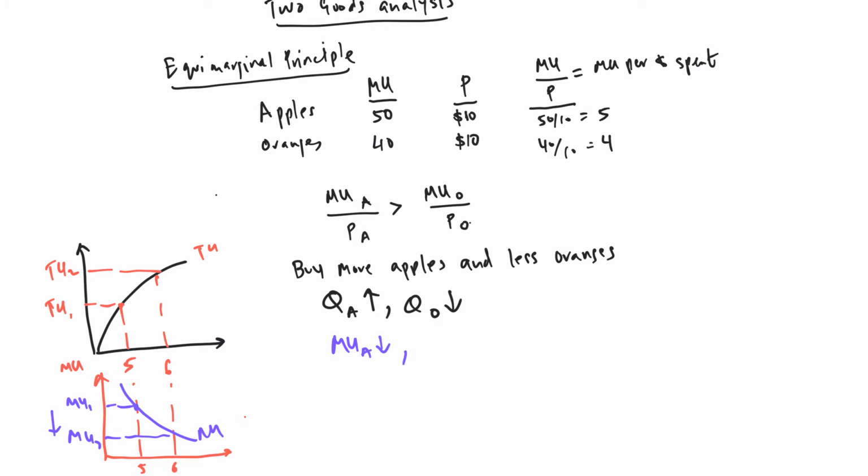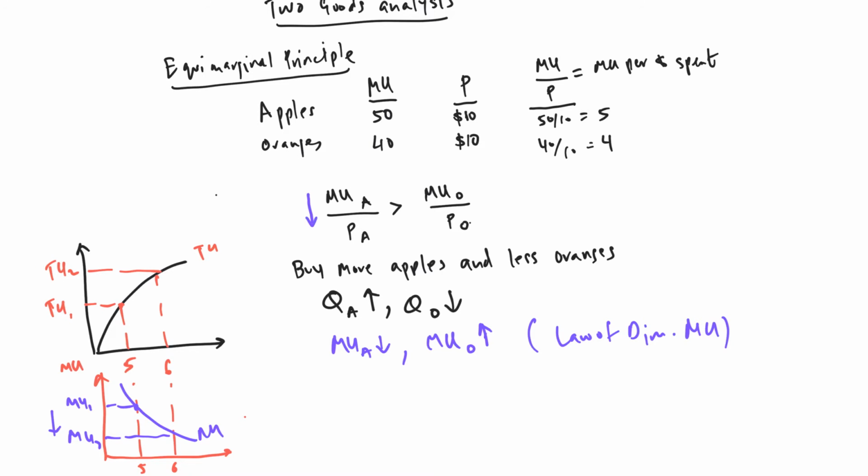At the same time, MU of oranges, because you're buying less of them, should go up because of what we call the law of diminishing marginal utility. This is an important result. Why is this an important result? Because suddenly this part of my equation is going down.